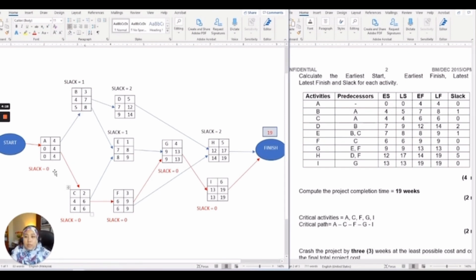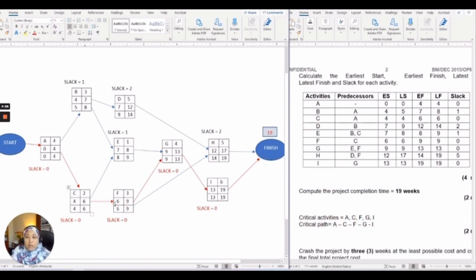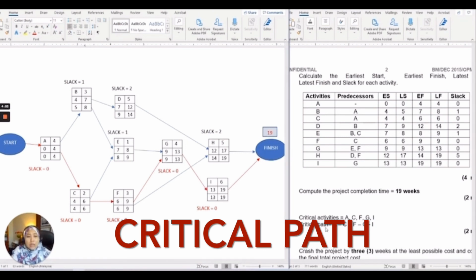Here you can see activities with zero slack time are considered critical activities, and all the activities that go through the path, the arrow, are called the critical path.